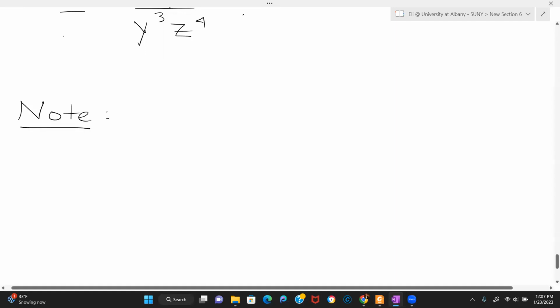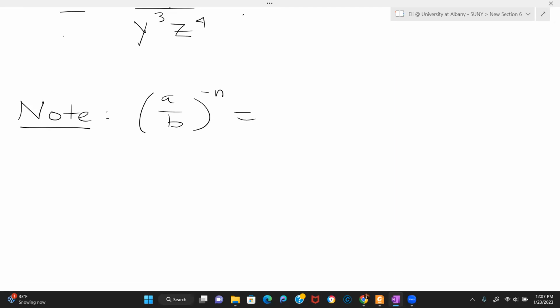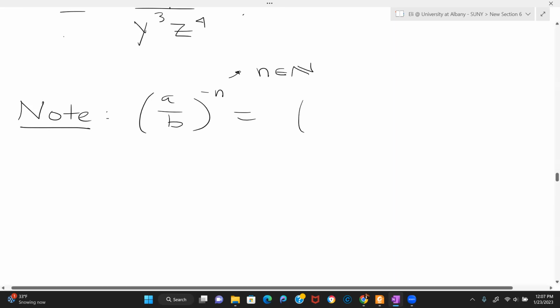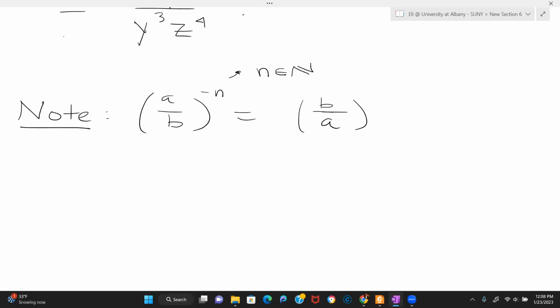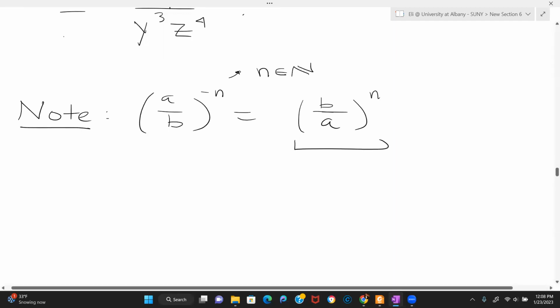So note, if you have a over b, say to the negative nth power, and let's just say n is a positive integer, then the negative has the effect of flipping the fraction. So this can be computed as this, like that.